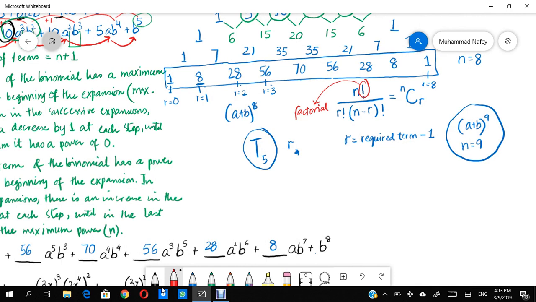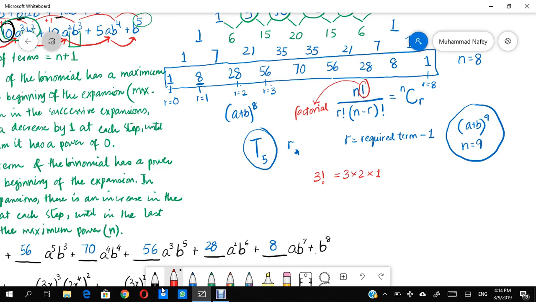A factorial basically denotes the product of all the natural numbers starting from that number all the way to 1. So if I have, let's say, 3 factorial, it means 3 times 2 times 1. Put another way, the factorial of a particular number is the product of all the numbers starting from that number all the way to 1.